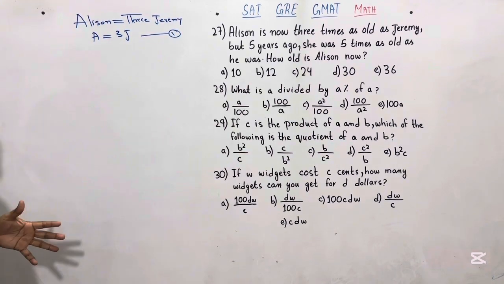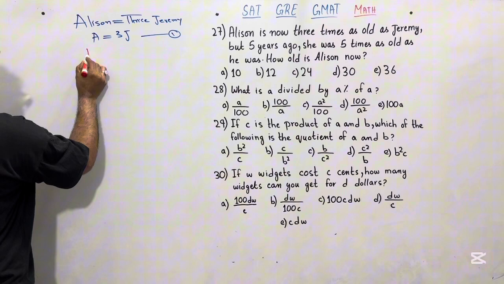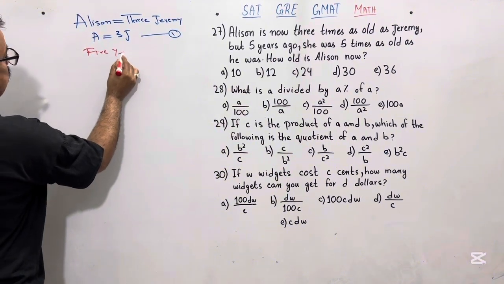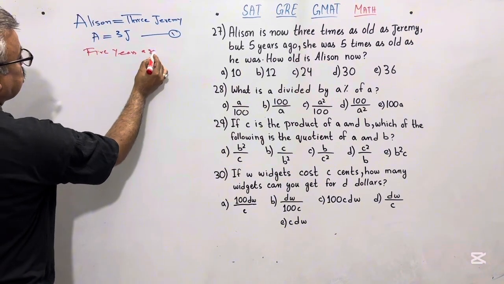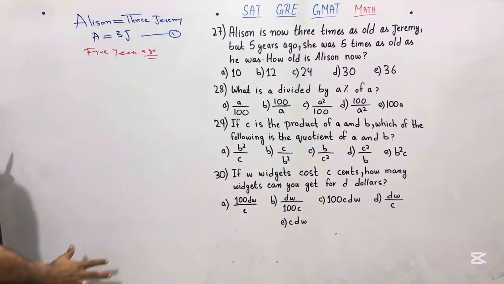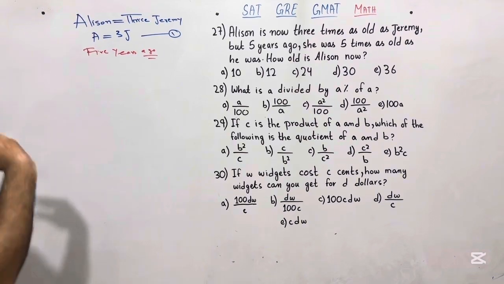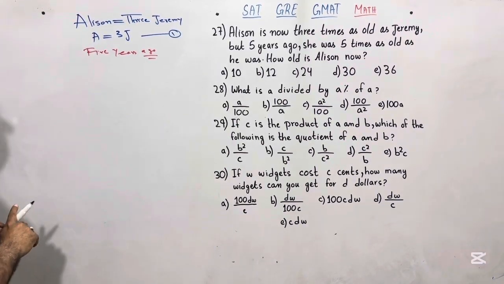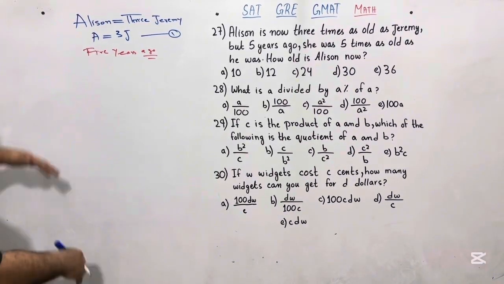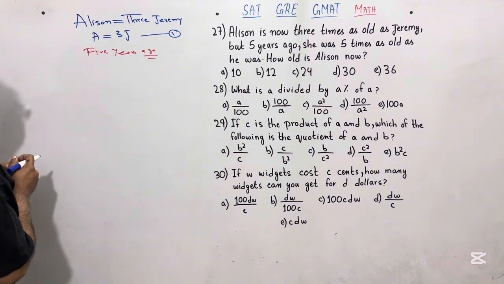But 5 years ago, we have to subtract 5 from both the ages of Alison as well as Jeremy, because 5 years ago they both were younger compared to their present age.